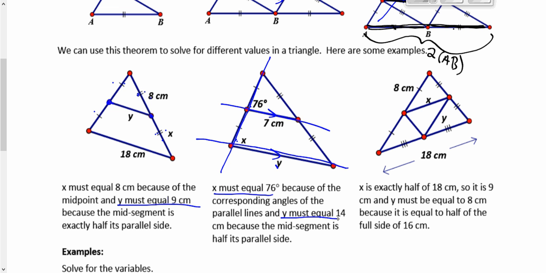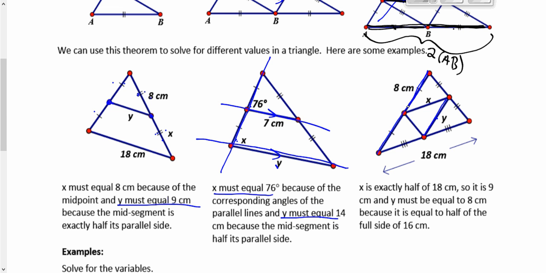But what about y? So if this is the mid-segment here with y, here's its third side. What's the measure of y? 16. I thought y was half the third side. I'd say 4. I'd say 3. What's the length of the third side? This segment's 8.